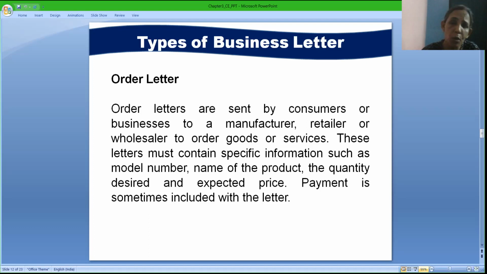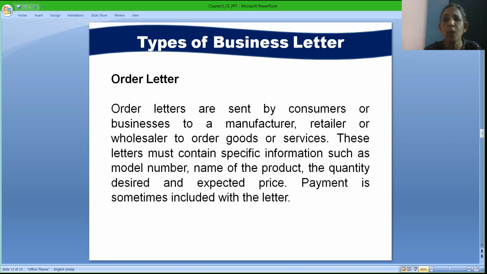By what time you are going to get the orders, and whether you are willing to make the order online or offline. Will it be from one single customer or one single salesperson, or from different sources? That all depends on the order letter that you're going to place. So the order letter is you ordering for something.